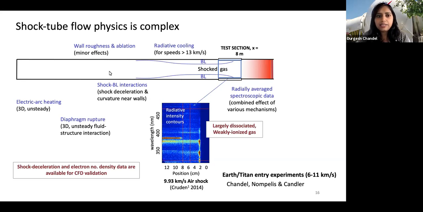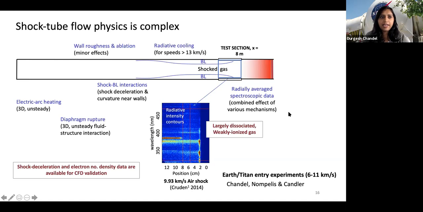But as you start from the diaphragm and you start propagating the shock forward, in every solver iteration, the numerical instabilities keep building, and by the time they reach 2 meter or 3 meter, the flow becomes distorted. So it predicted a highly distorted shock front structure.